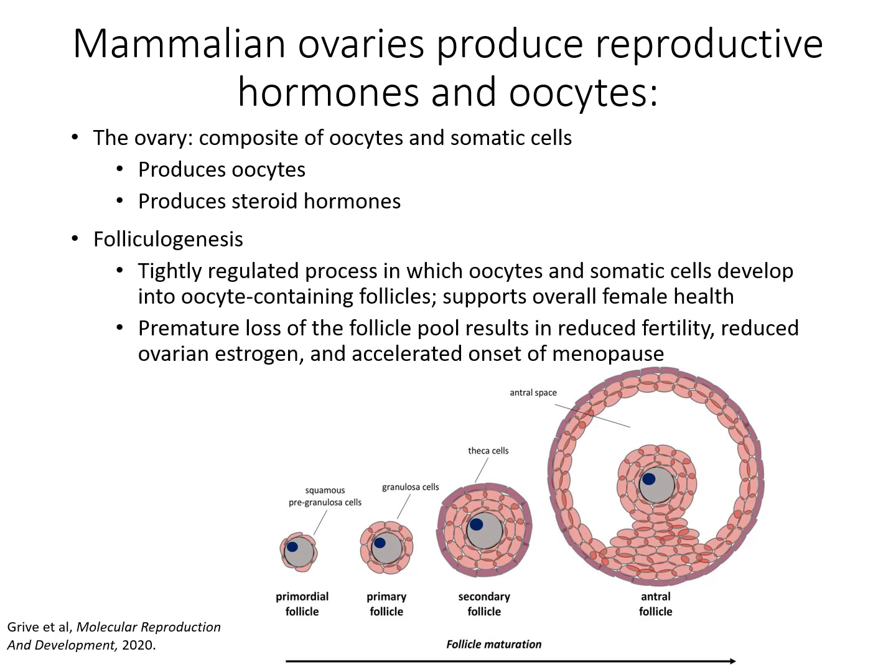Folliculogenesis is a specific process that takes place in the ovary in which oocytes and somatic cells develop in concert with one another, and that schematic is shown at the bottom, to produce oocyte-containing follicles. As you can see in this schematic, the follicles will develop through the primordial, primary, ultimately antral stages, and during this time they acquire increasing organization of the surrounding somatic cells.